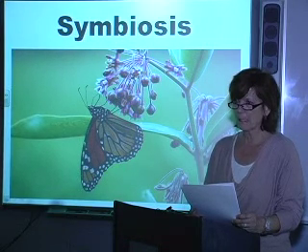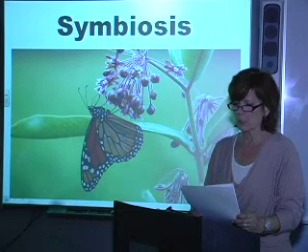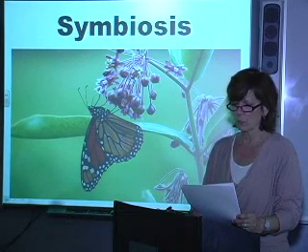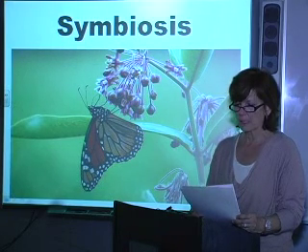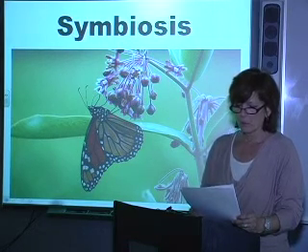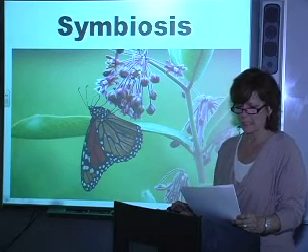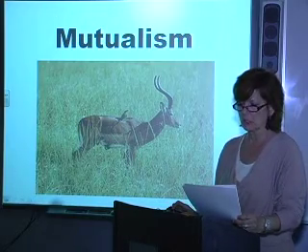There are three main categories of symbiosis, based on whether the relationship is harmful or helpful to one or both of the species. The first symbiotic relationship we will be talking about is mutualism. Remember that mutualism is a symbiotic relationship that benefits both species.